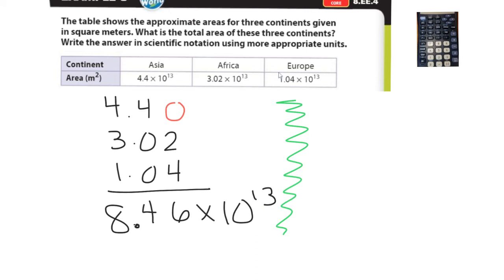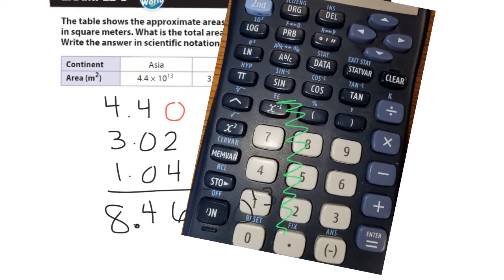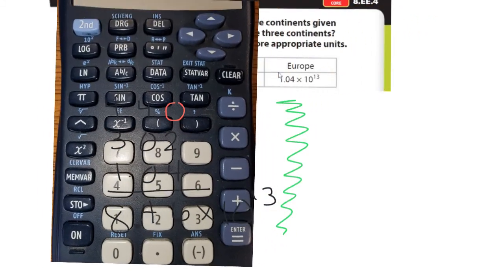So over here on the right, whoops, you'll see that I have my calculator, and I wish I didn't put a green line on it. So let's take the green line off. There you go. So here's my calculator. I'm going to make it go big. Okay.